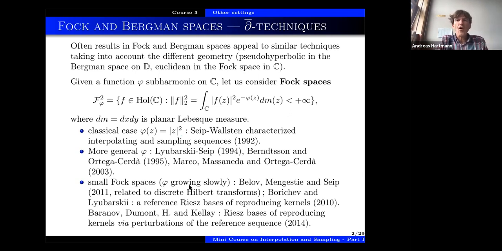And of course, this weight phi should not grow too slowly, because otherwise, by Liouville's theorem, the space will be just constant. Well, it will be empty, zero. But if phi grows sufficiently slowly, then we call these spaces small Fock spaces, and there were different developments.